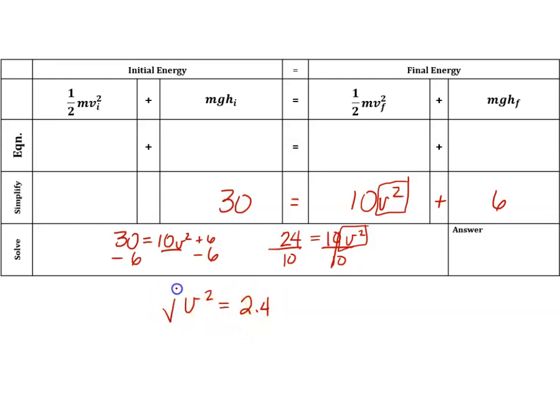Now, to find v, I want to take the square root of both sides, and that would give me a speed of 1.55 meters per second. So just beware: when you have the v squared, you want to solve for v squared before you do anything with that square root.